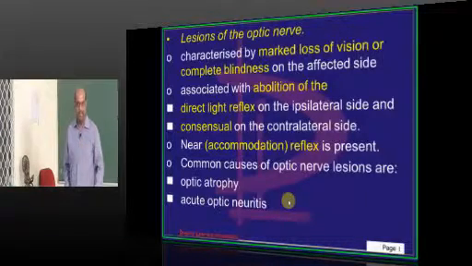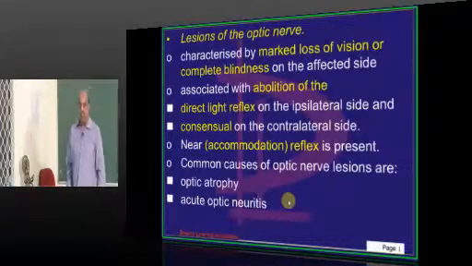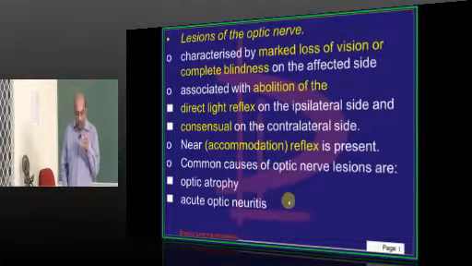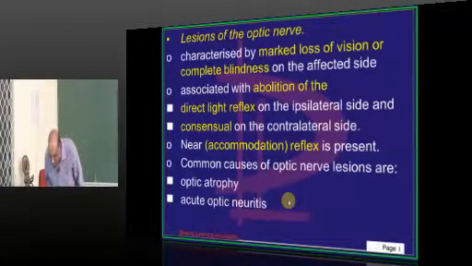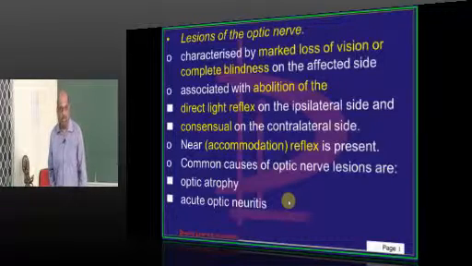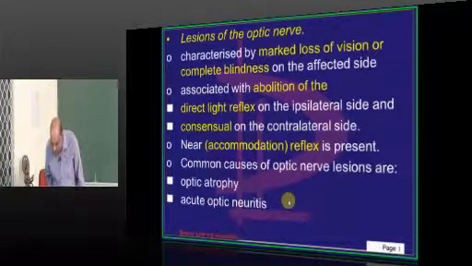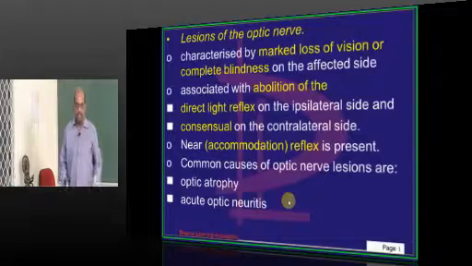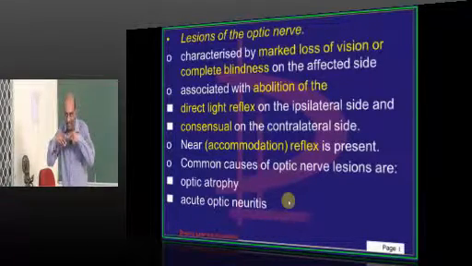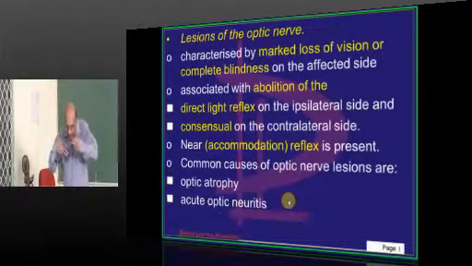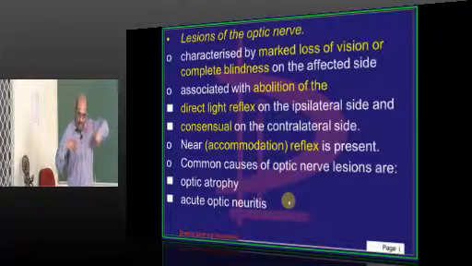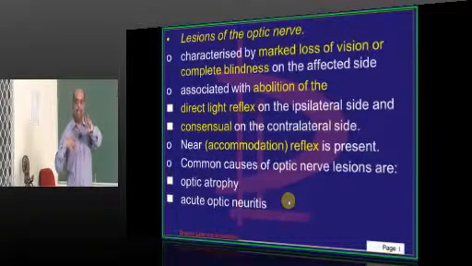So who tells your pupil to constrict when you are looking very near at the print of the book? When you look towards the book very closely, both your eyes are converging. When they are converging, the reflex will begin, which in turn reflexly causes pupillary constriction.